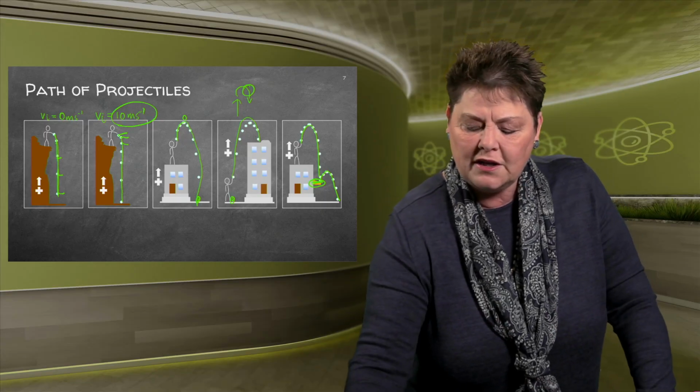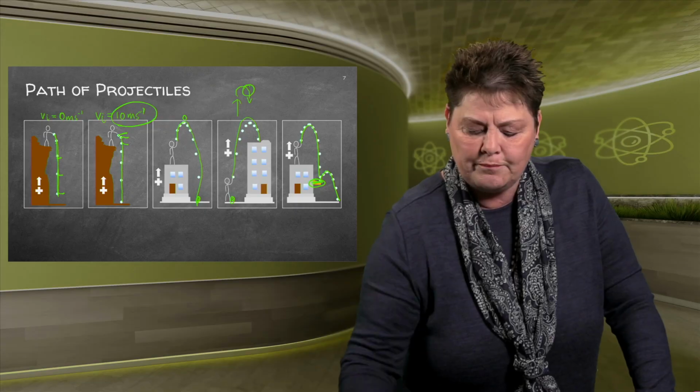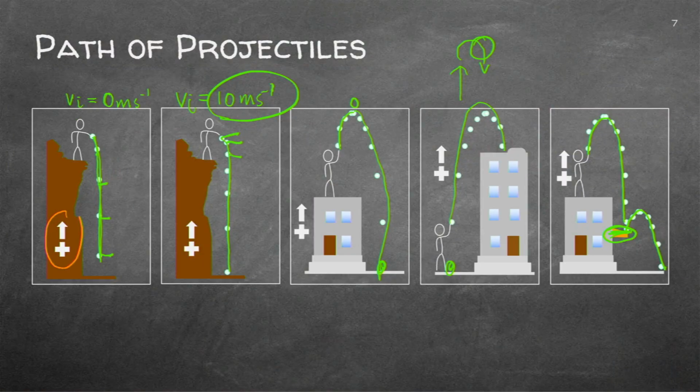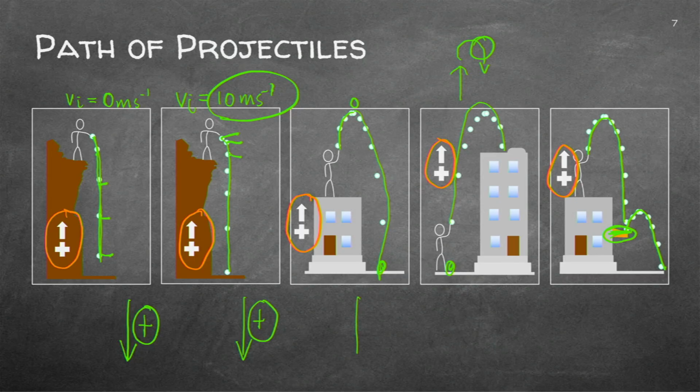Right, I want to indicate to you, very, very importantly, can you see in this one, we chose up as positive. Up as positive. Now, there is a notion to choose your positive as the direction that's initial. So in all these cases, the initial would be up positive. But as I said to you, in my explanations, I will use positive as the downward motion. Now, I'm quickly going to tell you why I choose that.